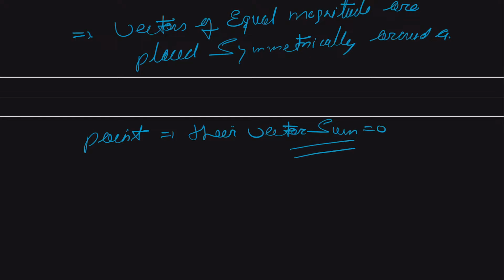So this is our basic concept, so the electric field will be equal to 0, whereas the potential is a scalar quantity, so it is simply 5 times the potential because of one charge. Next question.